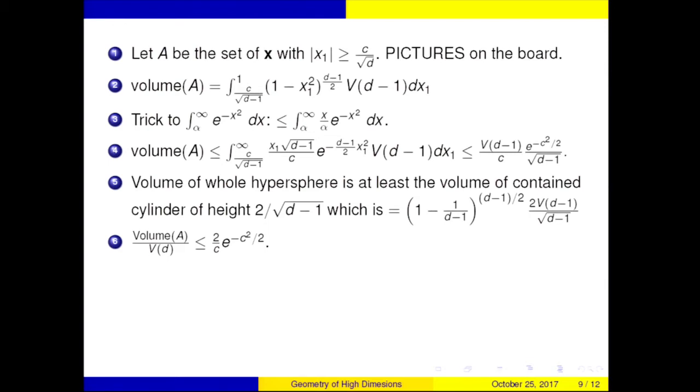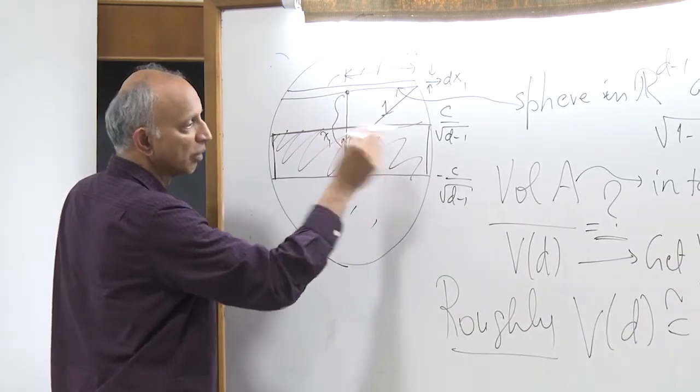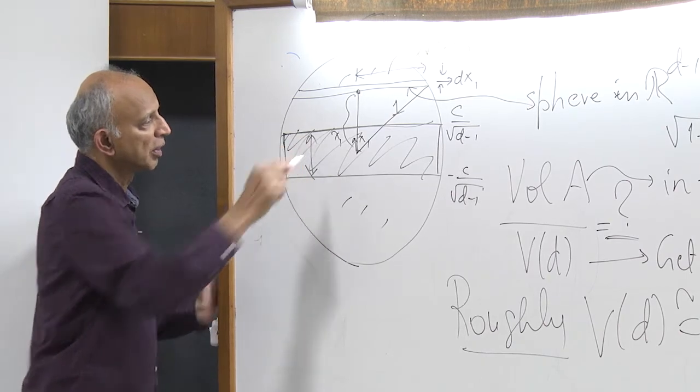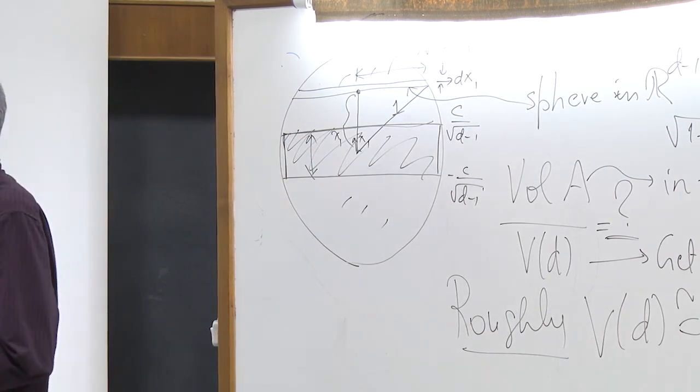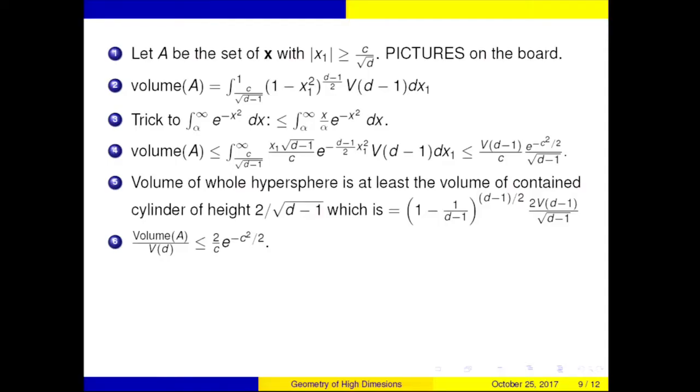Roughly, what is this factor coming from? From the fact that this thing has radius square root of 1 minus x squared, and then this height is this 2 over root d minus 1. So I think that's all also done correctly, worth checking.